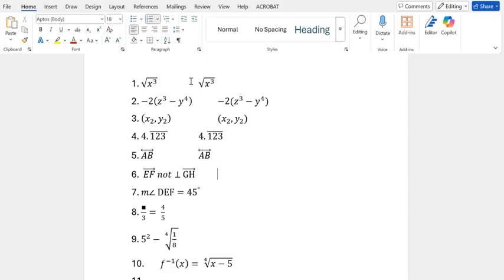So somebody's going to call in or email me, or respond to this, and tell me where the not perpendicular sign is hiding in Word, or how to get it in Word. So I put ray EF going to the right, then the word not, then the sign for perpendicular, and then I did line GH. So we're going to see what I did manage to find.